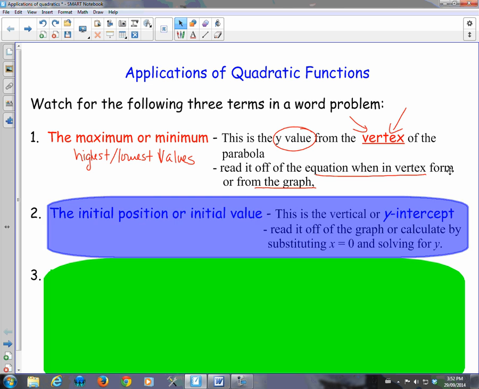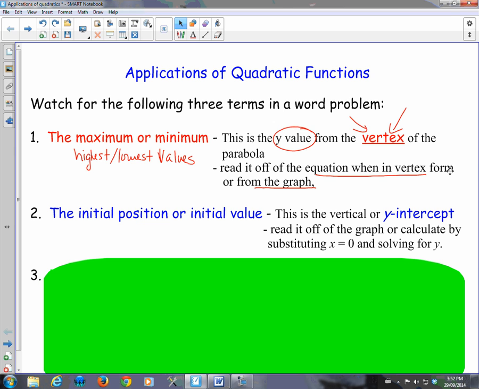Second thing to look for: if a word problem talks about an initial position or an initial value or a starting point, they want you to find the y-intercept, the place where it crosses the y-axis.